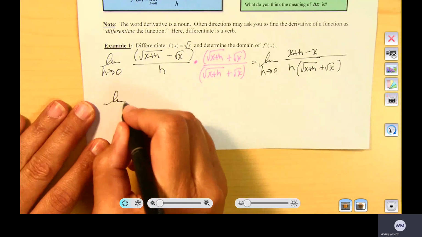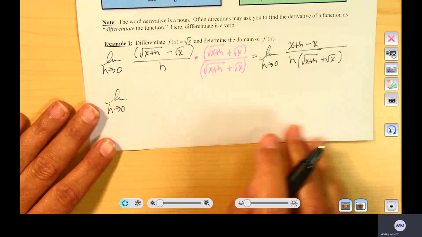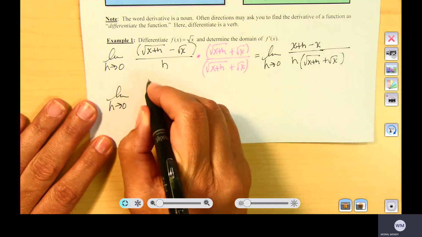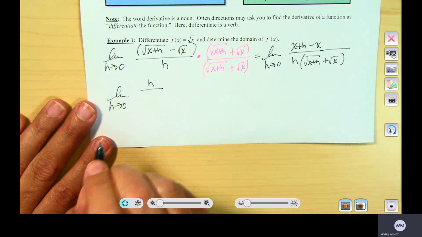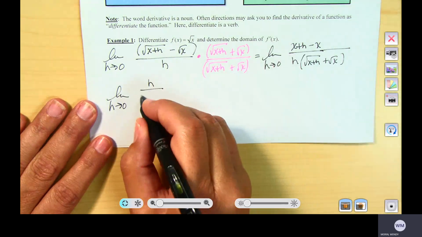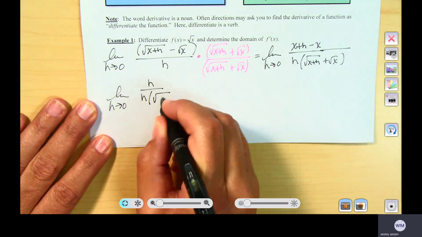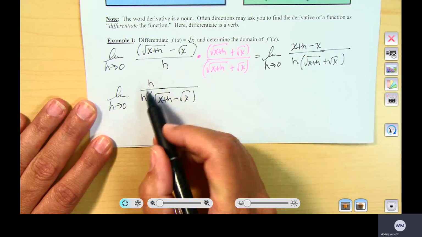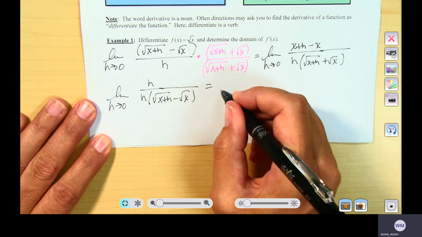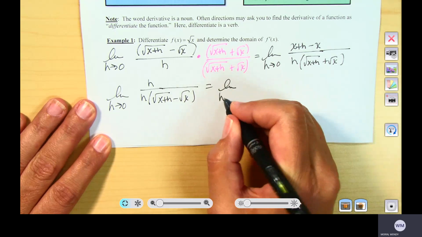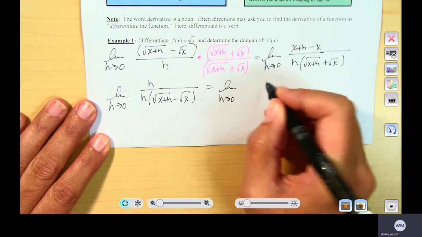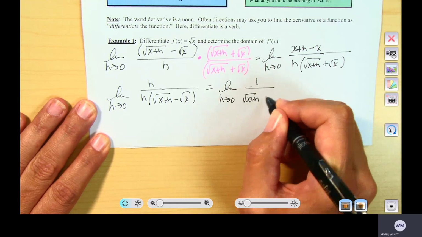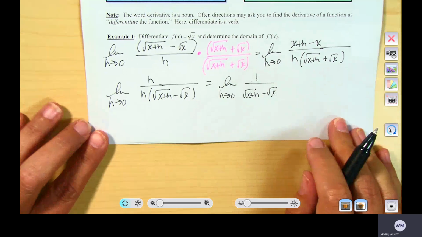Continuing, again, do not drop off the limit. This is called the limit process for finding the first derivative. On the top we have an h, and on the bottom we have h times the quantity square root of x plus h plus the square root of x. Notice the h's cancel, and you're left with the limit as h approaches 0 of 1 over the square root of x plus h plus the square root of x.